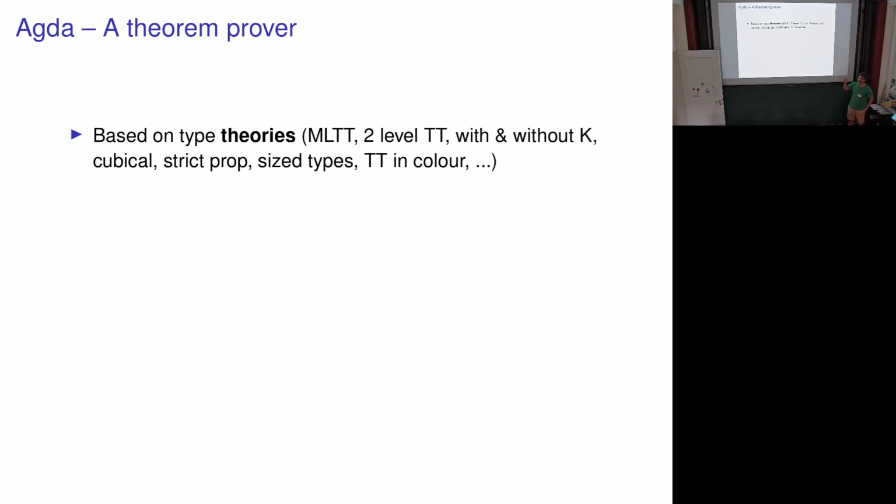Then we have, so I don't know if you're familiar with Axiom K, but you can turn it on or off depending on what you want. There's Cubical Agda, famously, there's Strict Prop, sized types, which are widely inconsistent at the moment. And we used to have TT in color, which is a way to internalize parametricity. I don't know if it's a statement you recognize, but it was pulled out of the system because there were no maintainers for it.